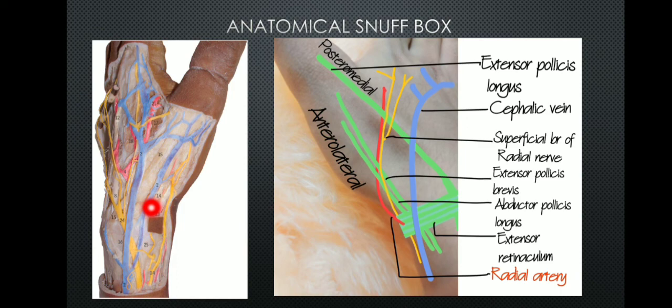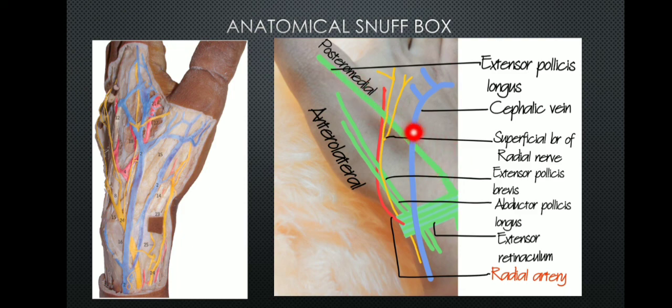For a clear picturization, I would like to explain in the other picture, where anterolaterally, along the lateral border or the radial border, lies the extensor pollicis brevis and the abductor pollicis longus muscle, and along the posteromedial aspect, or the medial or the ulnar border, lies the extensor pollicis longus tendon.